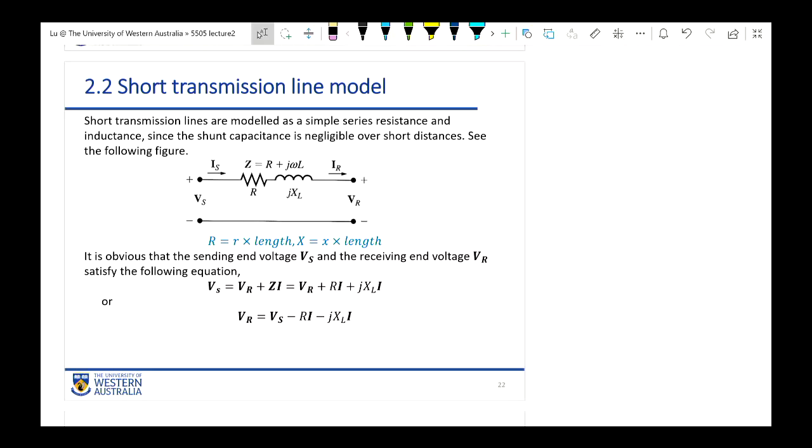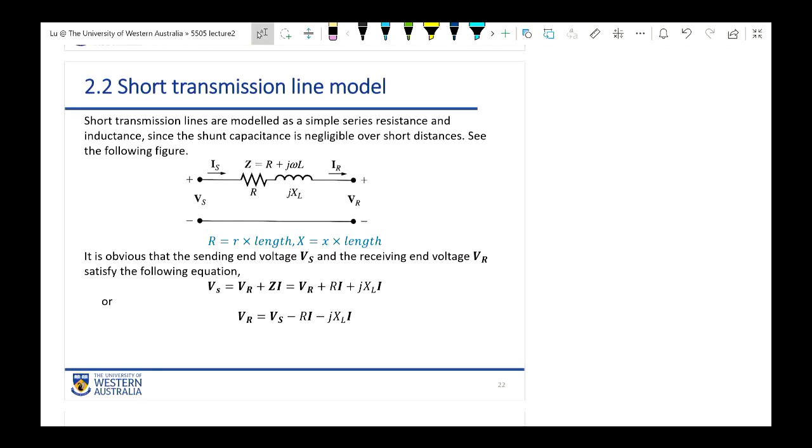Why don't we consider the shunt capacitance? The main reason is the transmission distance is too short, less than 80 kilometers. In such a short transmission distance, the shunt capacitance is so tiny, so we ignore that here.